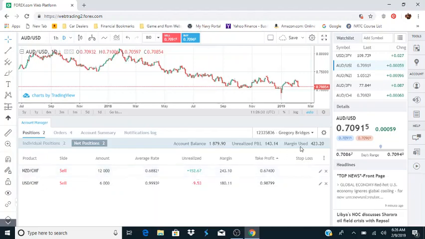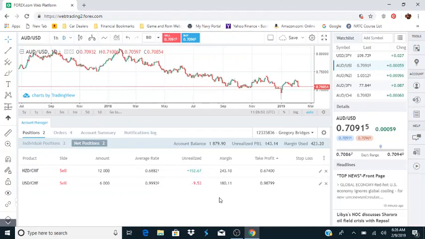So margin used would be the total of that 243.10 and that 180.11. So basically what this is saying is, even though this is my own money, this is how much is put to the side out of the total of the 1879.90 at this particular point.